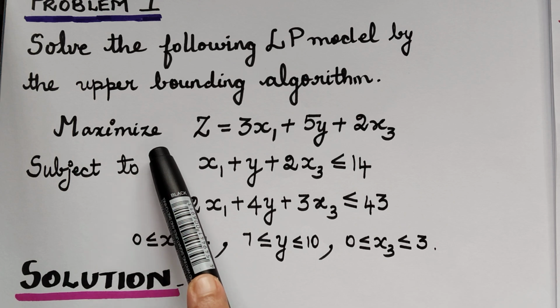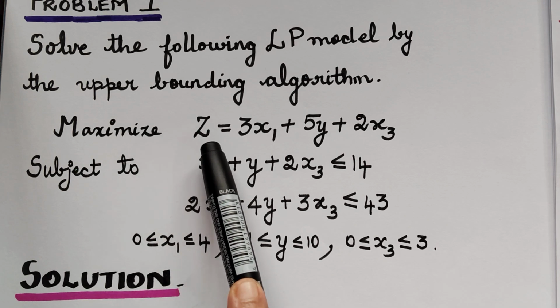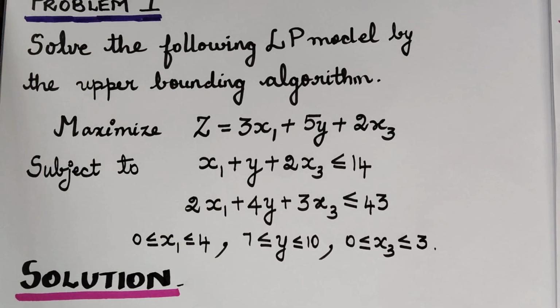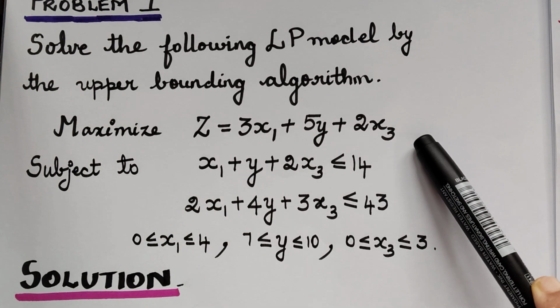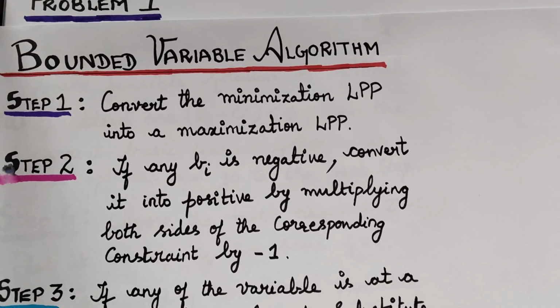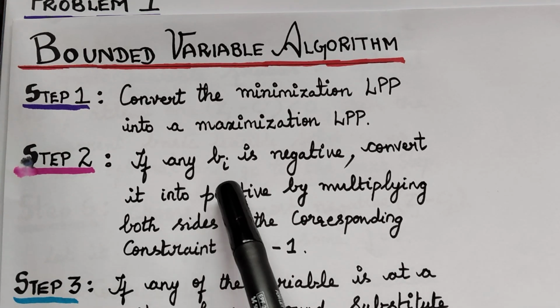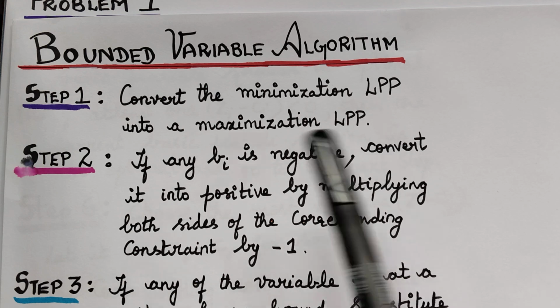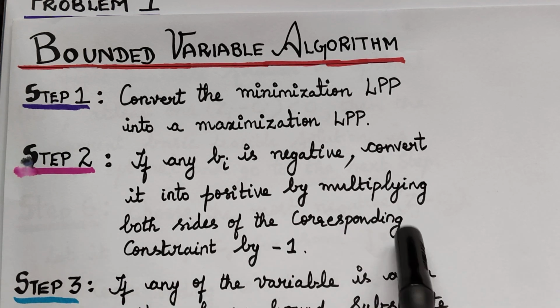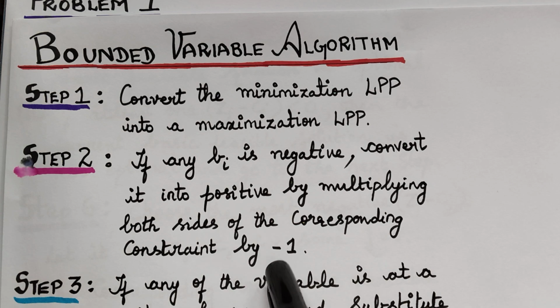If suppose it is given as a minimization problem, then the first step will be to convert the given problem into a maximization problem, and then we proceed with the next step. The next step is, if any bi is negative, convert it into positive by multiplying both sides of the corresponding constraint by -1.